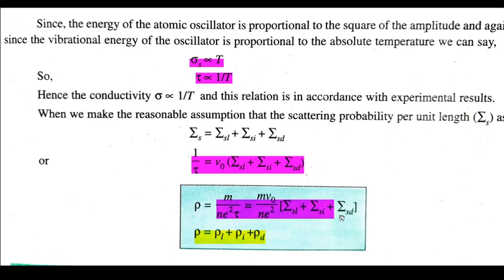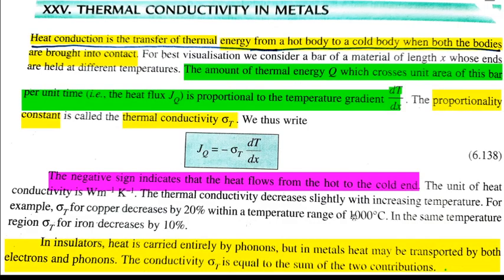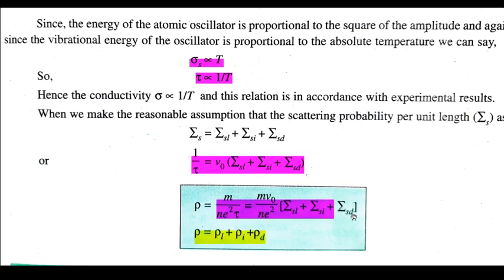So this equation will arise, and ultimately we achieve the same relation, that is rho by lattice, rho by impurity, and rho by defect, the scattering probability by lattice, by impurity, and by permanent defect. With this we end the scattering theory of the conducting electron.